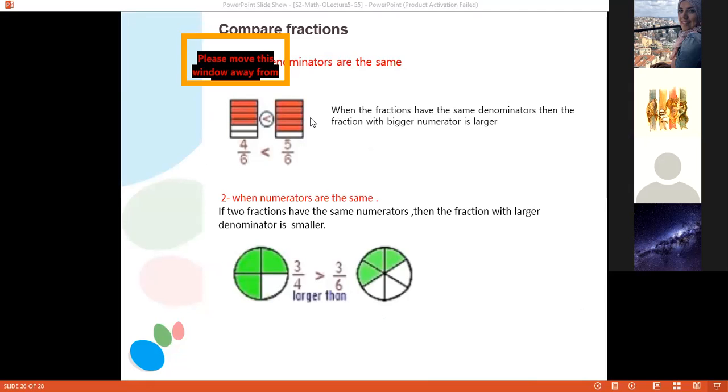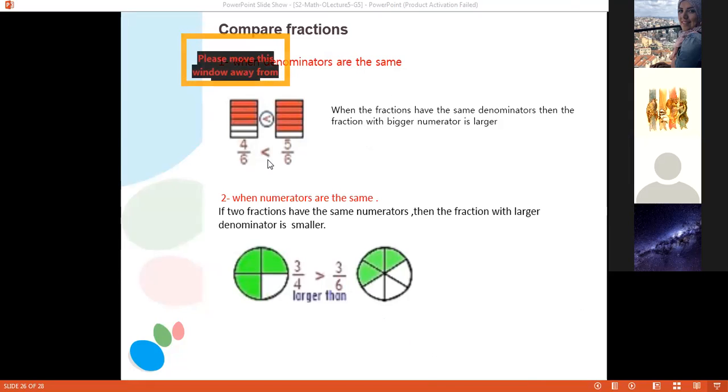If I have two fractions with the same denominator, as you can see here, I have 4/6 and 5/6. Look at the denominators. Are they the same? Yes. The two fractions have 6 as denominators.